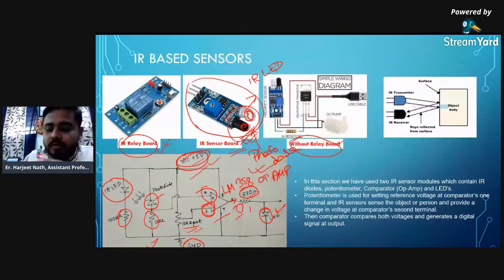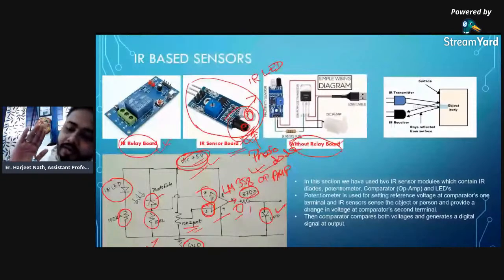Now when this circuit diagram is complete, let me just show you how this thing works. When the circuit is complete, and you bring your hand in front of this, you could see that whenever it is nearby its dedicated range, this light gets on.